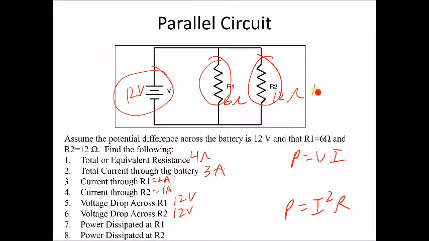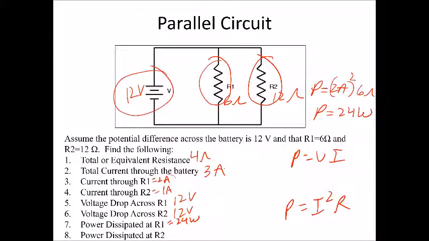So at resistor 1, P equals, the current through resistor 1 is 2 amps. So that's 2 amps squared times R. The resistance at R1 is 6 ohms. So 2 squared is 4. 4 times 6 is 24. And remember, power is measured in watts.